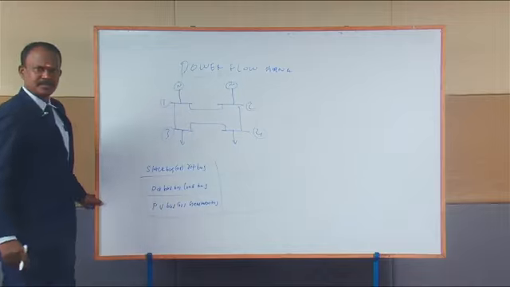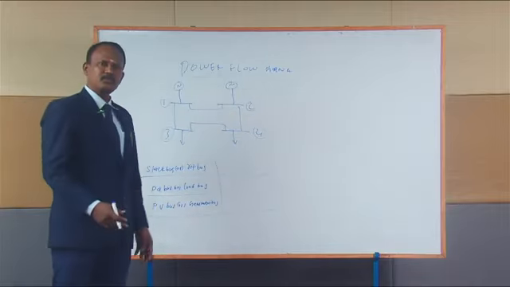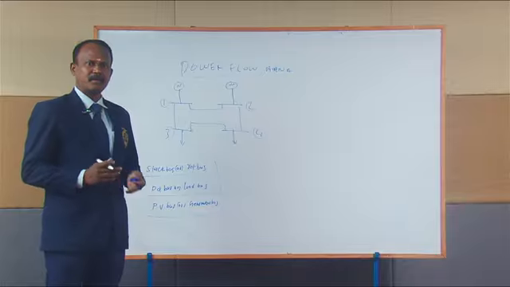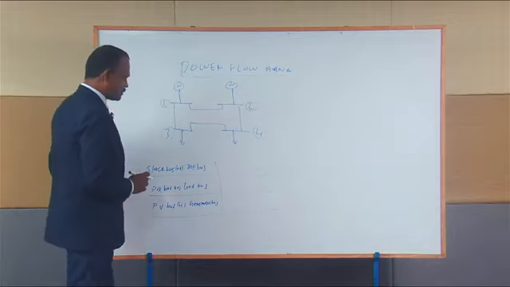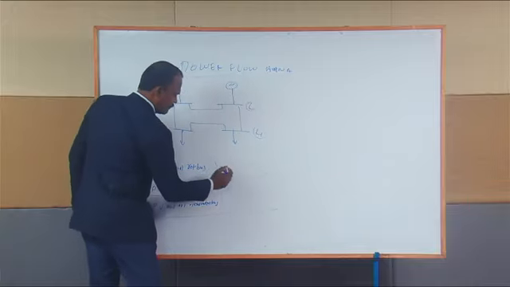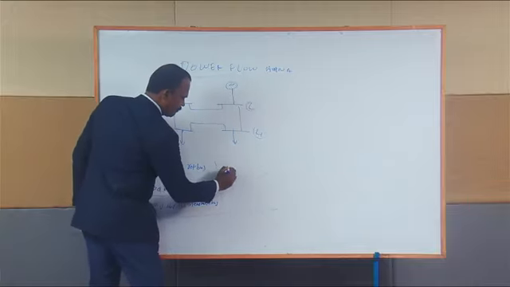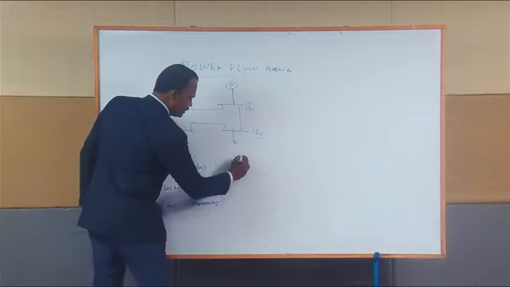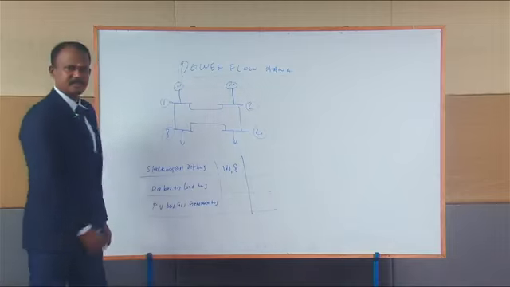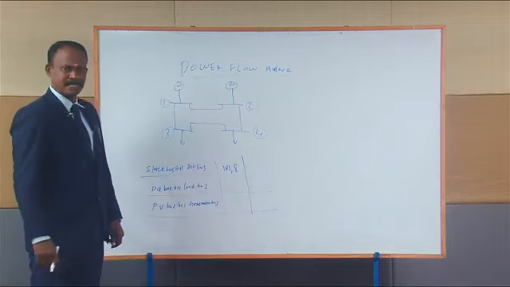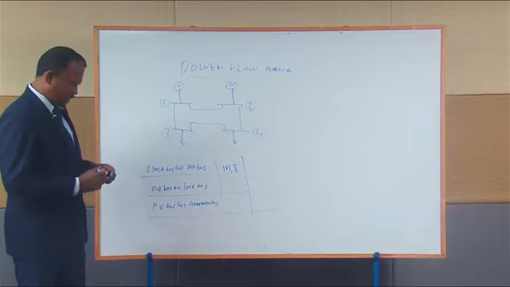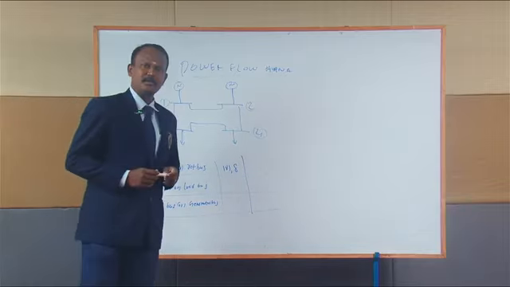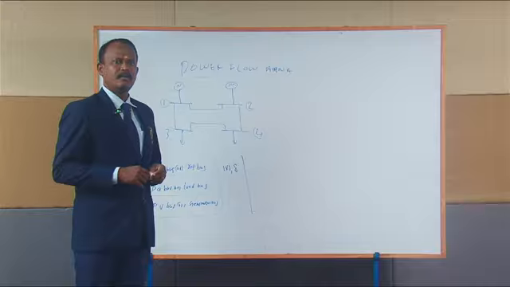These buses are classified based on which parameters are known at the particular bus. For example, for the slack bus, normally we know the voltage magnitude and the voltage angle. These are the two important known parameters for the slack bus, or reference bus. In any big power system network, we have only one slack bus.